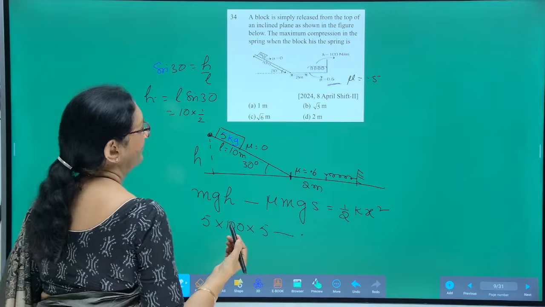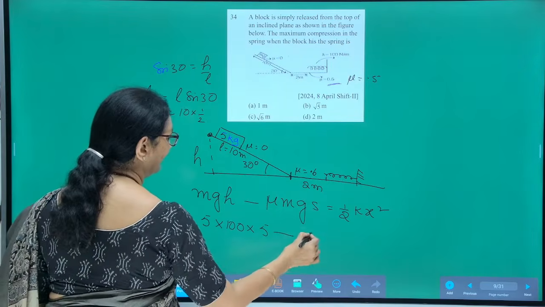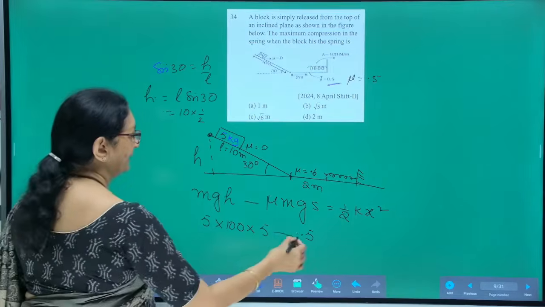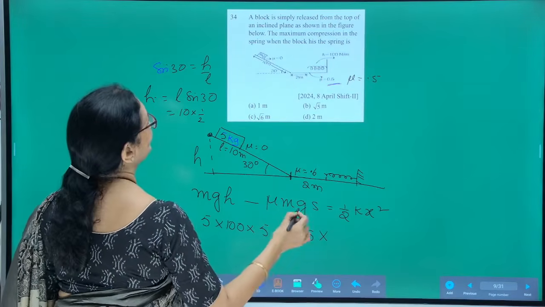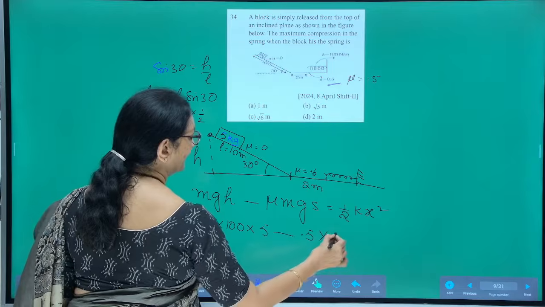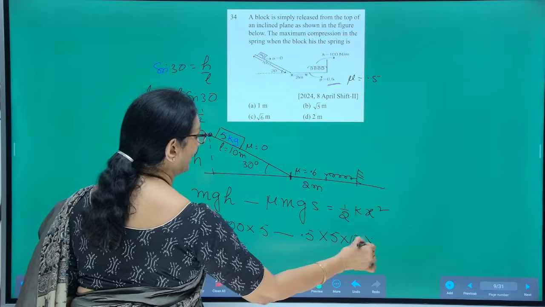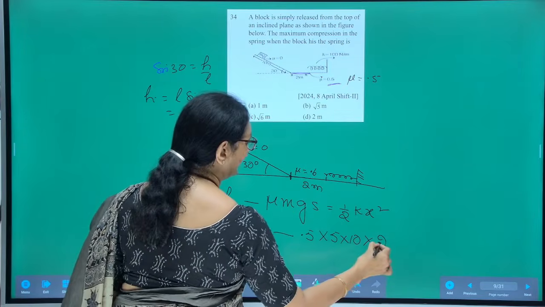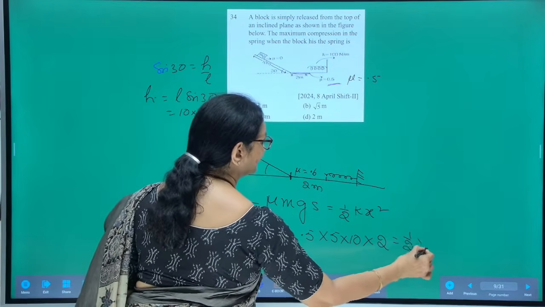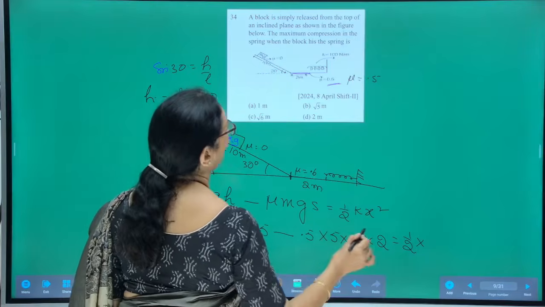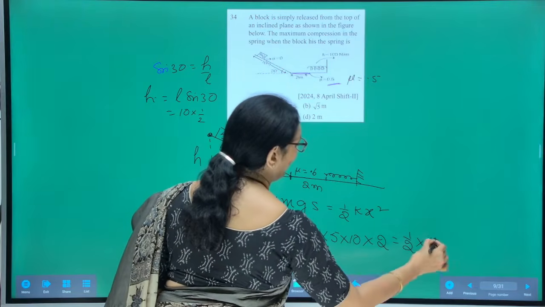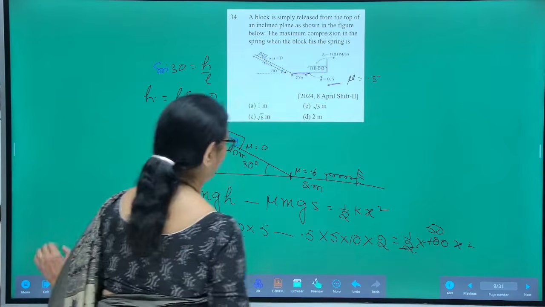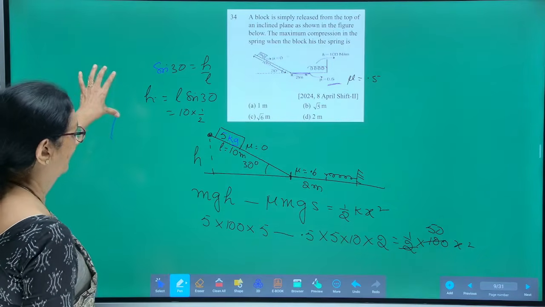I am not sure. Let us take it as 0.5. Do the calculation; if you don't get it, we take it as 0.6. Okay. So mass is given as 5, g we have taken as 10, and s on this rough surface is 2. This is half k x square, with k given as 100. Okay, this becomes 50. Right? Now, look here.